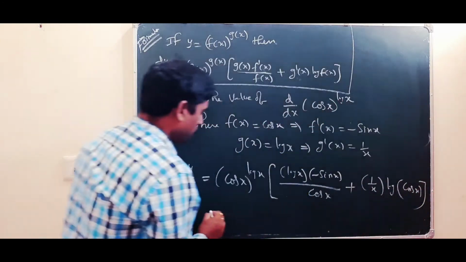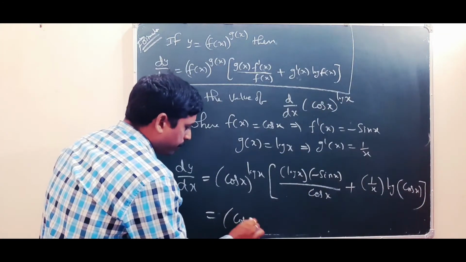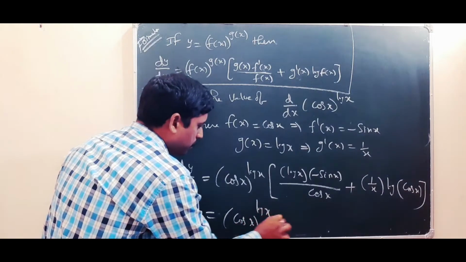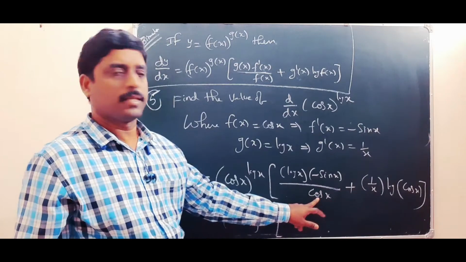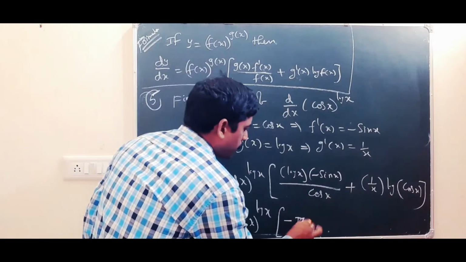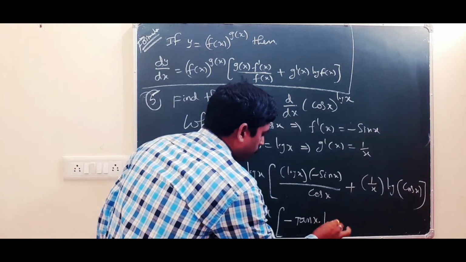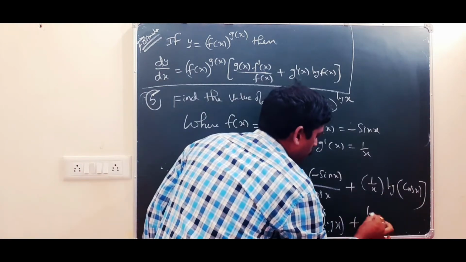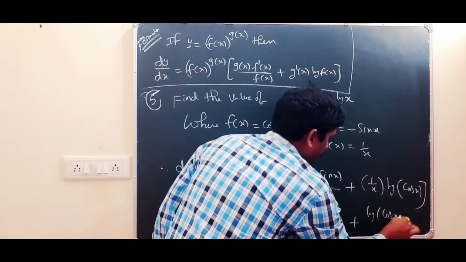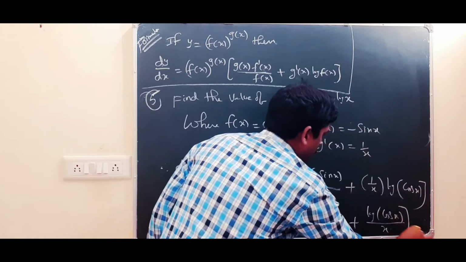Okay, this is the answer. So cos x power log x into minus sin x by cos x is minus tan x into log x, plus log of cos x upon x. This is the answer.